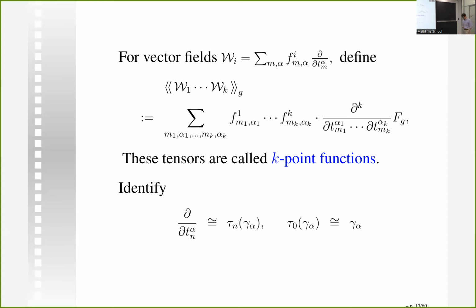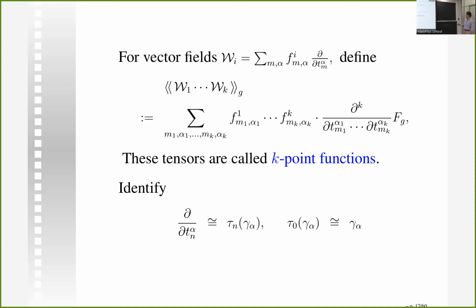Now I want to first see how we translate topological relations to universal equations. For that, I will introduce some notations. Those notations are not very standard; I used them in my papers. First, I want a notation which generalizes the partial derivatives of the generating function.